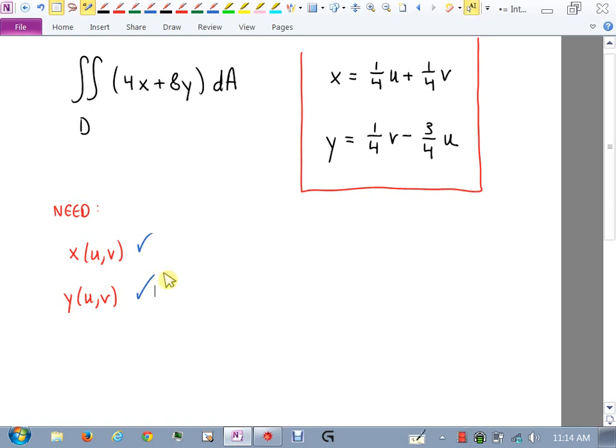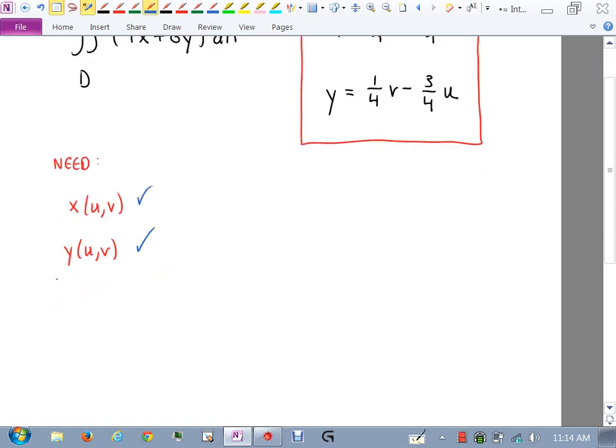The next thing I need is to determine the image of D under this transformation.